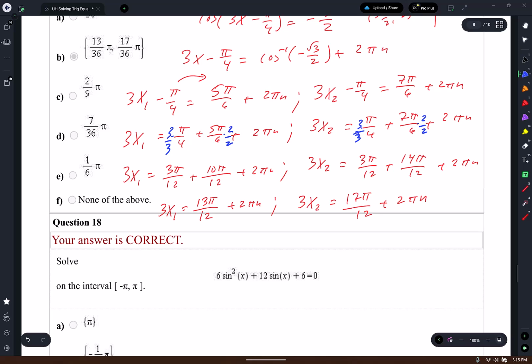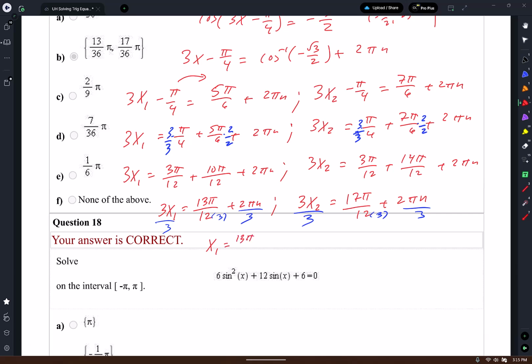Divide by 3. x1 equals, 12 times 3, 12, 24, 36. 13 pi over 36 plus 2 pi n over 3. Semicolon, x2 equals 17 pi over 36 plus 2 pi n over 3.